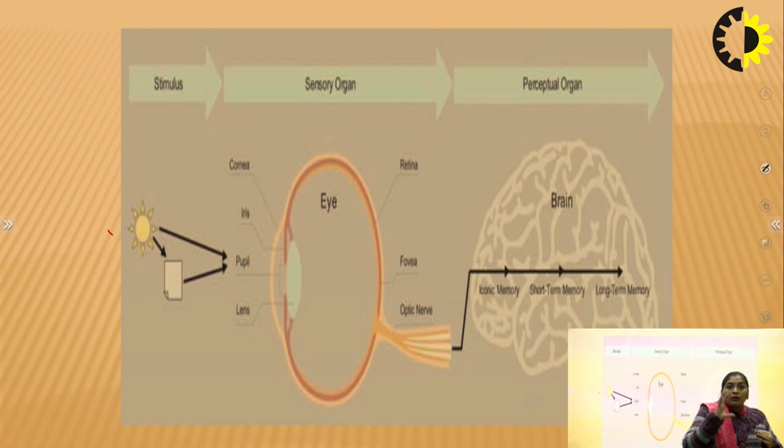After that, the child will store the image either in short-term memory, like we usually forget the things we don't want to remember, which is used for less time, or, for a long duration, we prefer to store the data in long-term memory in the brain.